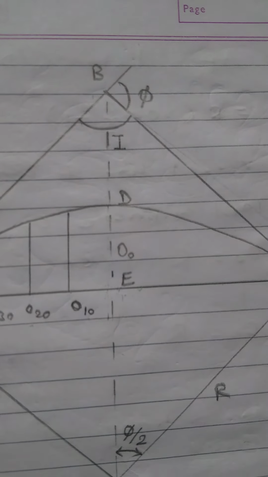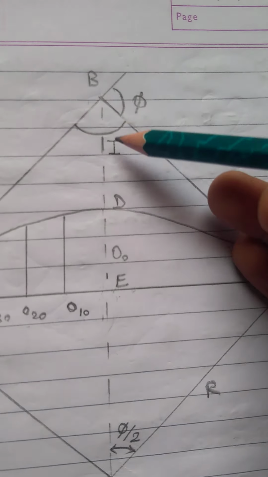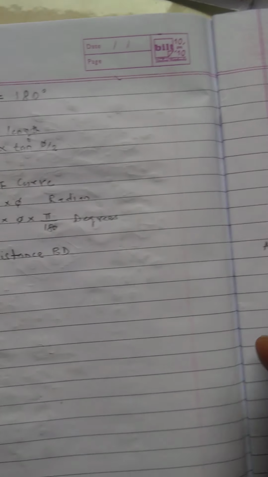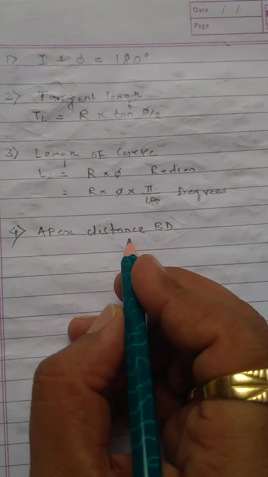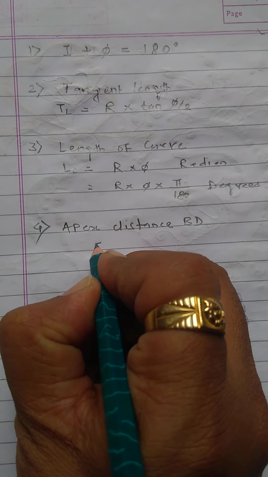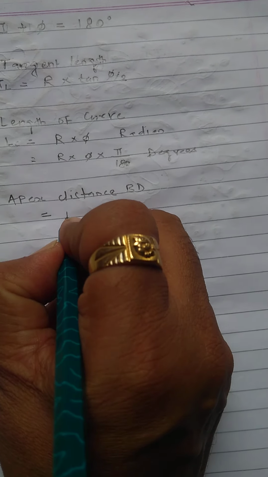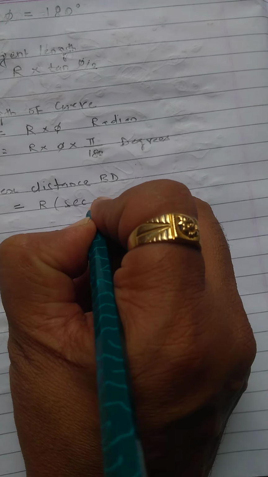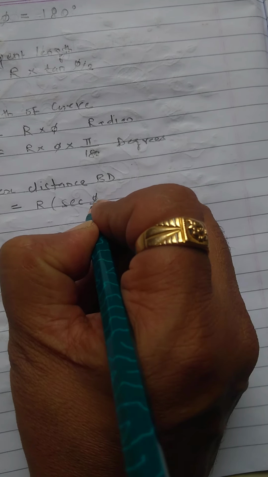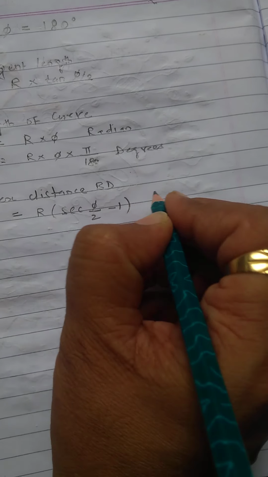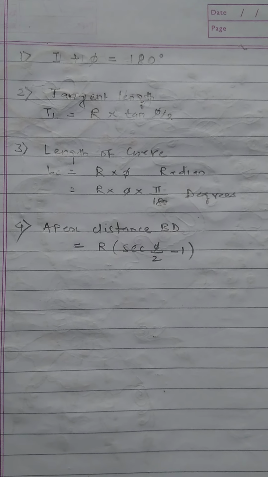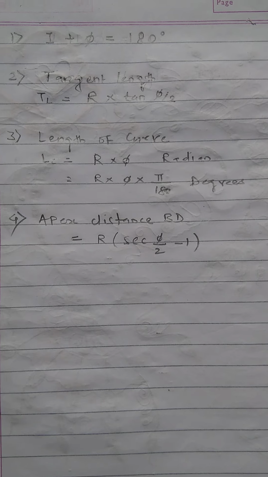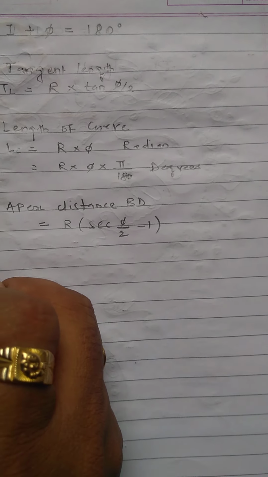This is known as apex distance. Now to find this apex distance BD, the relation is R in bracket sec of phi divided by 2 minus 1.